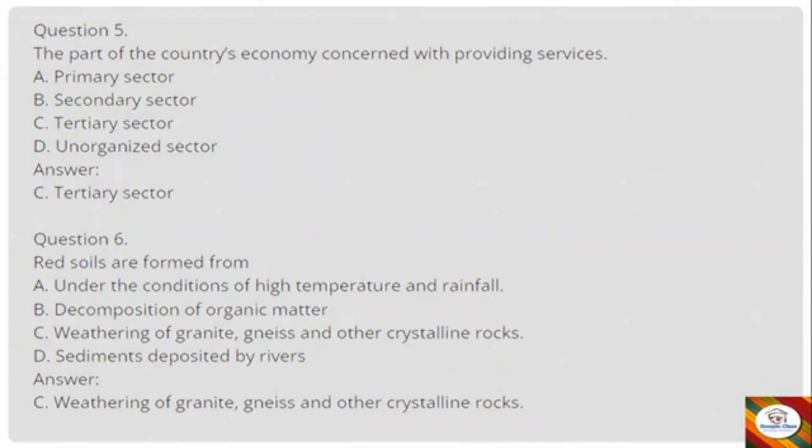Tertiary sector. Question 6. Red soils are formed from: A. Under the conditions of high temperature and rainfall, B. Decomposition of organic matter, C. Weathering of granite, gneiss, and other crystalline rocks, D. Sediments deposited by rivers. And the answer is option C, weathering of granite, gneiss, and other crystalline rocks.